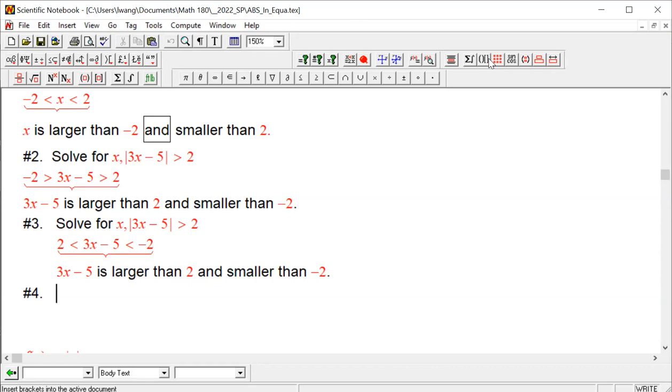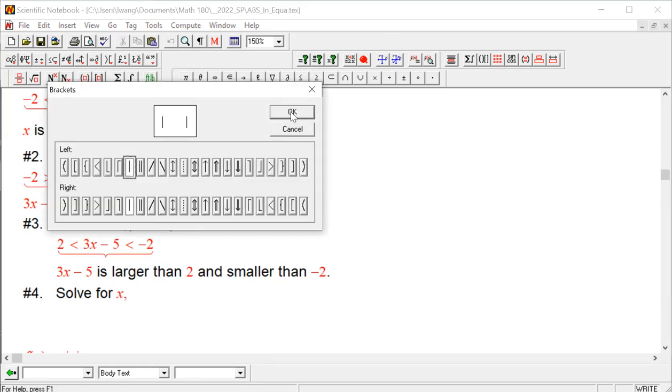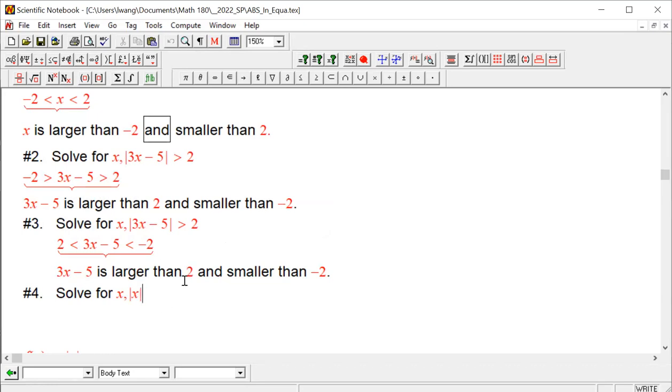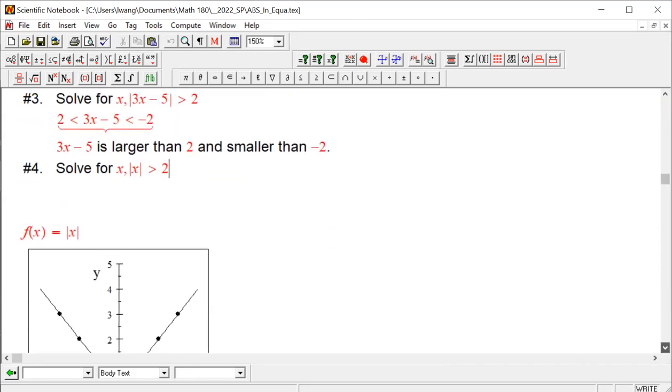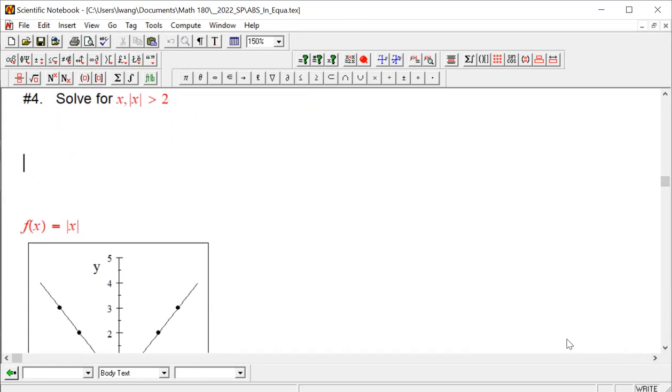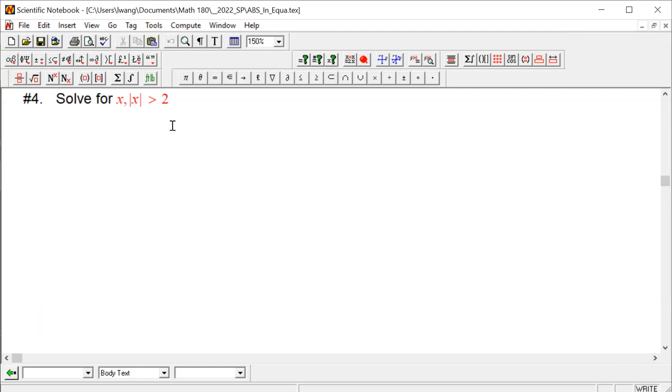So the student will say, I'm going to use a simple case, still solving for x, to explain this: absolute value of x is larger than 2. And these students, they will write this.